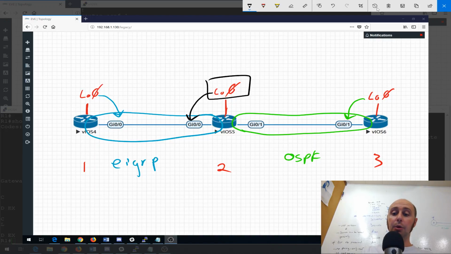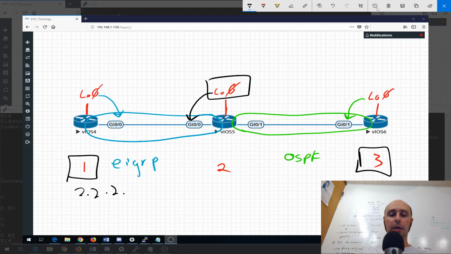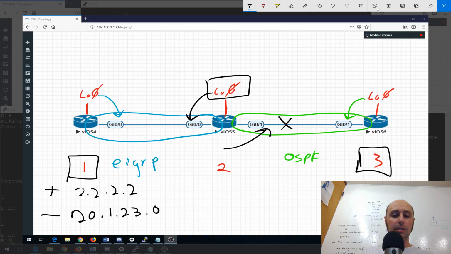Previously, there was no change to router 1 or router 3's routing tables, so now if I'm flipping the script on this, router 3 would have no change, and the only change should be on router 1, and we should see the loopback of 2.2.2.2. I'm going to put a plus sign. We should see that, and we should not see the link between router 2 and router 3, which is, in this case, 20.1.230.24. Let's see if this is taken away and if this is added over on router 1.